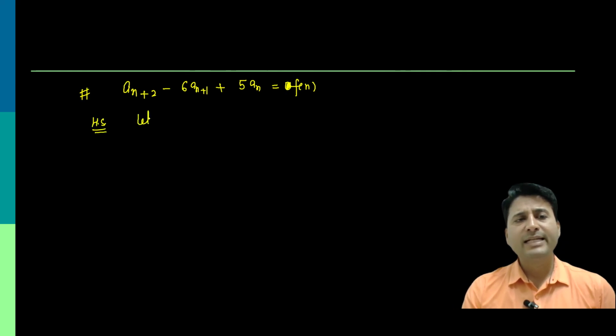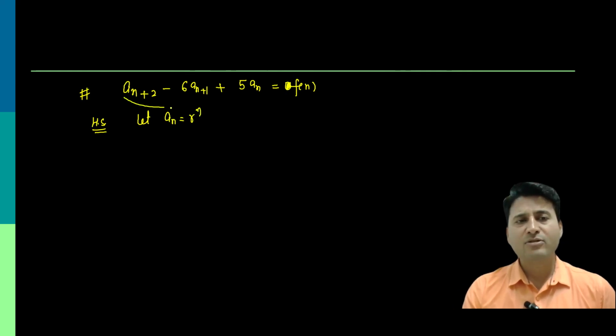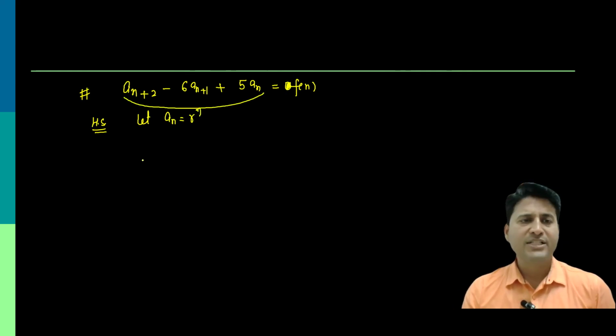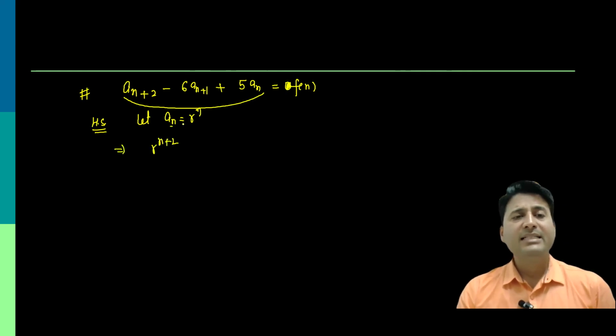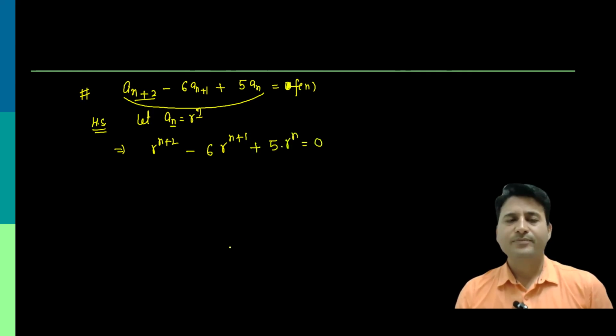Let us try to find the homogeneous solution. We'll put a(n) equals r to the power n in the homogeneous part of the equation. So a(n) is r power n, and a(n+2) will be r power n+2, because in place of n we put n+2. a(n+1) will be r power n+1, plus 5 times r power n equals 0.